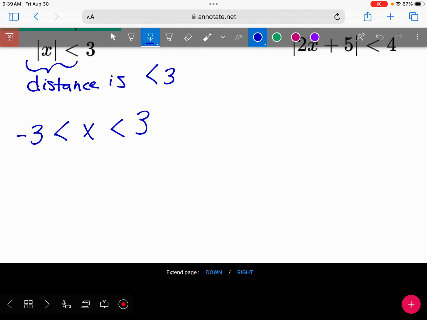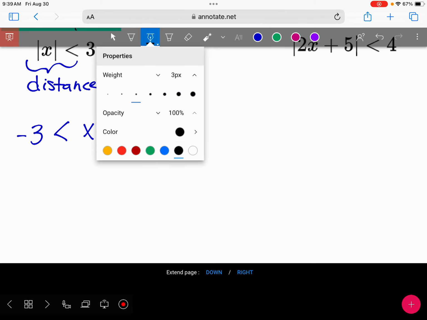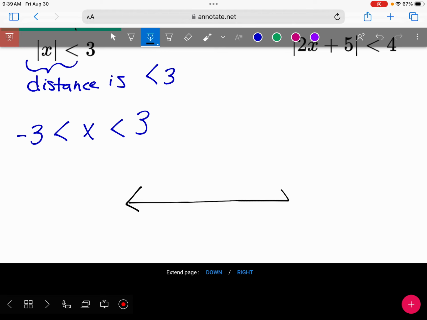So if we think about our number line, I'm going to put 0 in the middle. We know that x could be less than 3. That's what it says originally. And if it didn't have the absolute values, we would just continue on forever. Right? It would go like this.